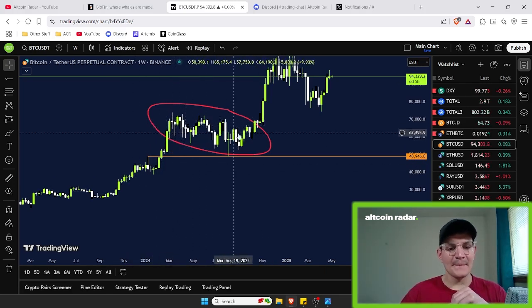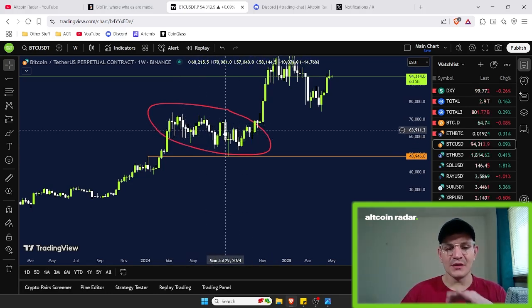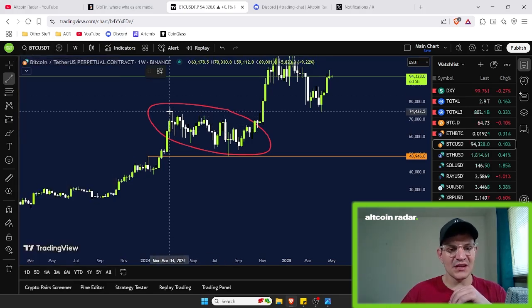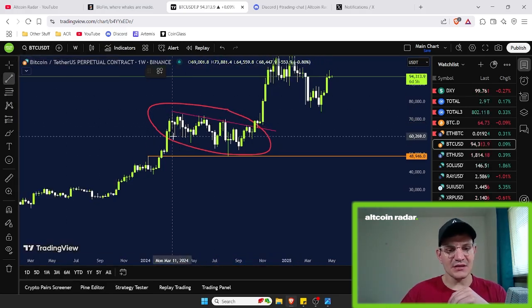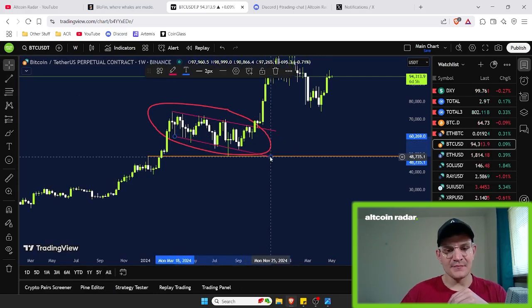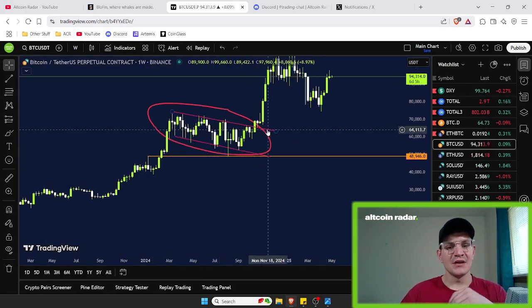Now this is overall a big part of the market structure, because within price action itself, we have what's considered a big, gigantic bull flag right here. So again, this is with price action.